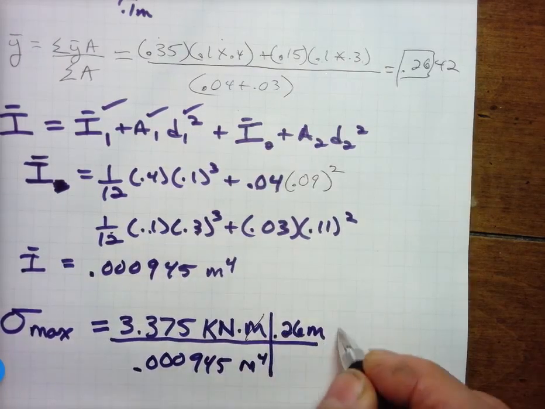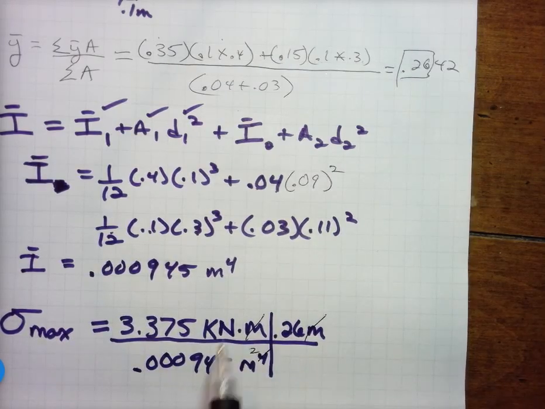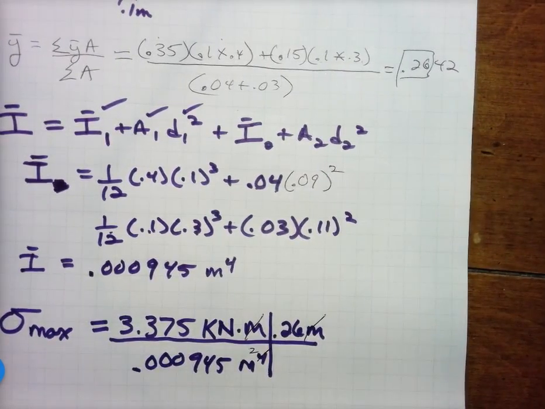Now we have meters and meters squared. So we're going to have an answer in kilonewtons per meter squared, which is also known as a kilopascal. And we put that into the calculator. I'll keep us live here.